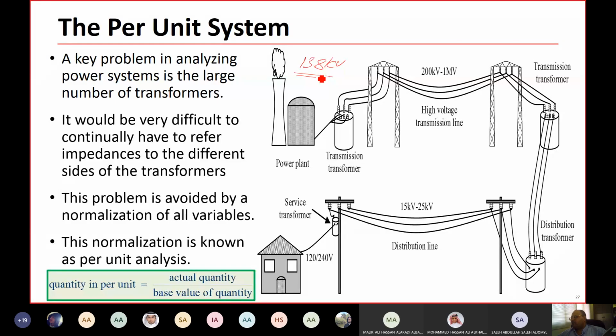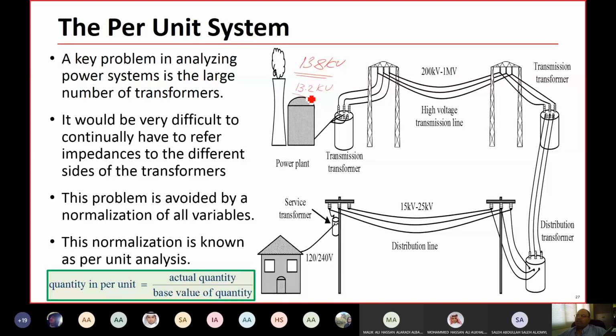It depends on the situation. Maybe we need the voltage here to be 13.2 kilovolt, not 13.8. And for example, if we have over voltage at the load, if the voltage at the load increases, let us reduce the voltage at the generator. We can control it, we can reduce it. So we can reduce the voltage at the load.